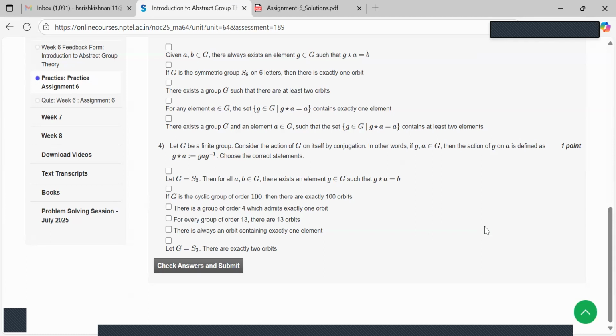So you can also see it like that. That's why they have stated those groups which are abelian: group of order 4 and group of order 13. Both are abelian, so the size of the group will be the same as the number of orbits. The last one is: there is always an orbit containing exactly one element, that is for identity, and for G to be S3, there are exactly two orbits. Is it true?